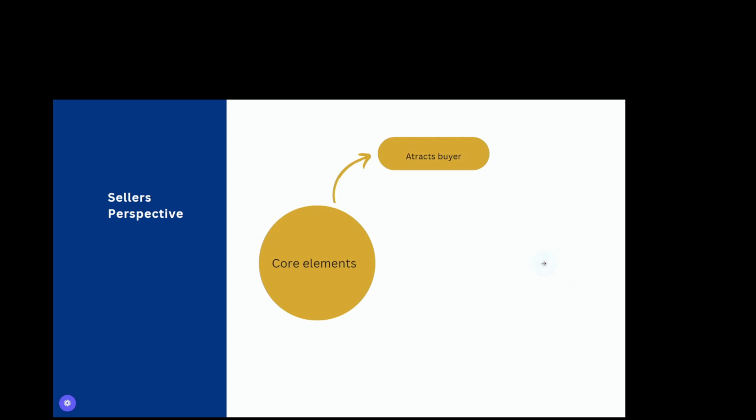So what is the relevance of an IM to a seller? Obviously, its main purpose is to attract buyers. It's essentially a marketing tool to highlight the positives and future revenue growth or potential for the business.